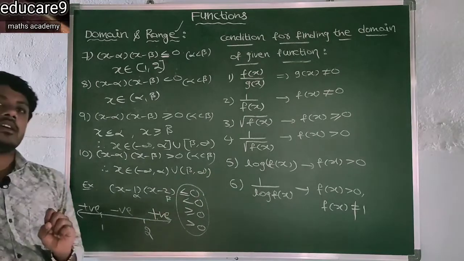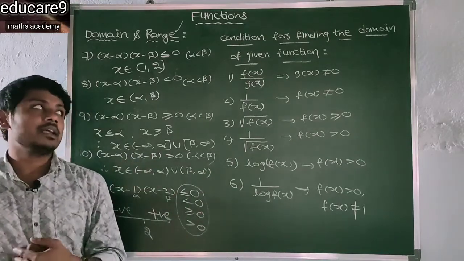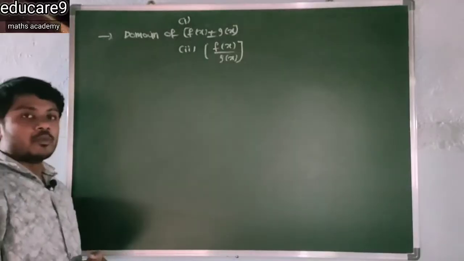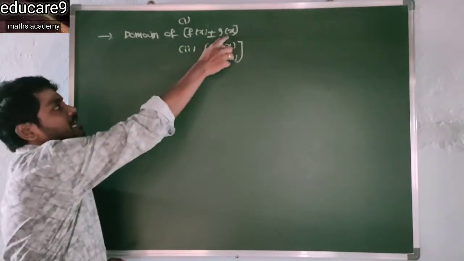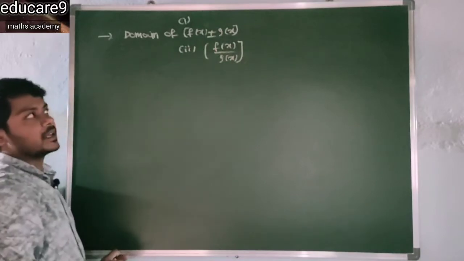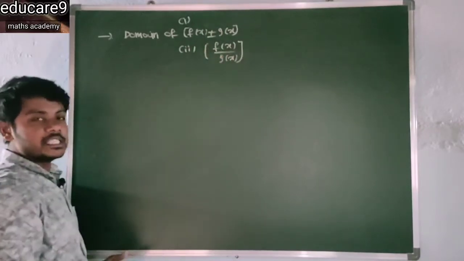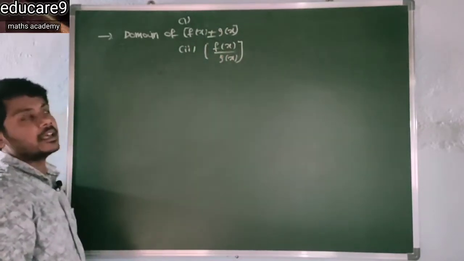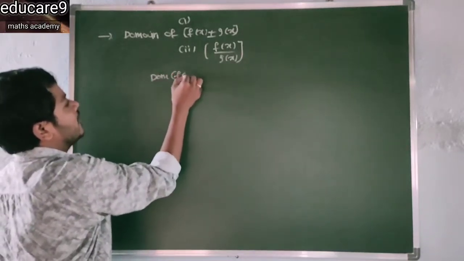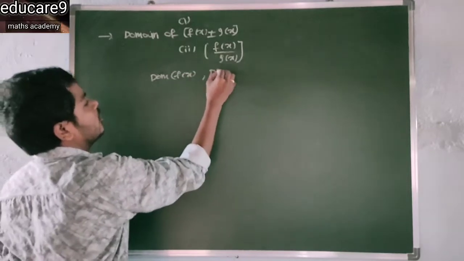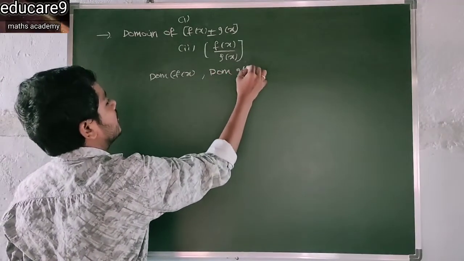So these are all the domain conditions. Here is one more condition. For the domain of f of x plus g of x, or f of x minus g of x, or f of x by g of x, find the domain of f of x and the domain of g of x.